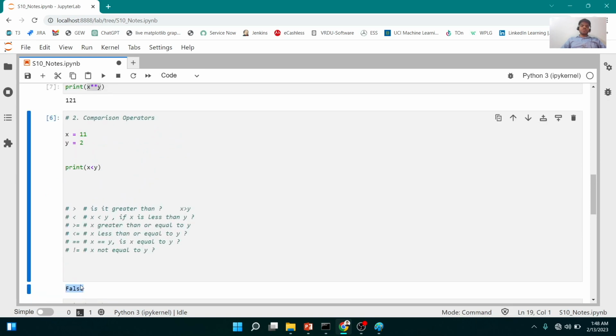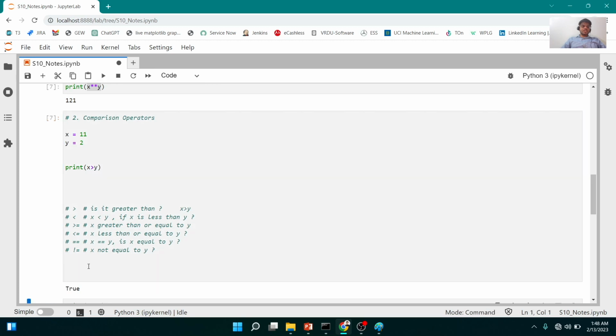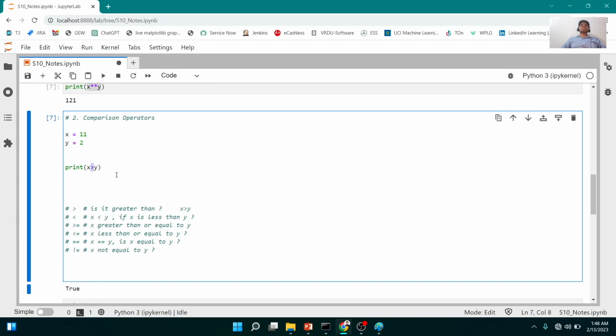It says false, obviously. But if I change the symbol here and run it again, you shall see that it's true. In the previous example I was comparing if x is less than y, and now I'm comparing x is greater than y. Just like less than and greater than, you have greater than or equal to, less than or equal to, equal to, or not equal to.